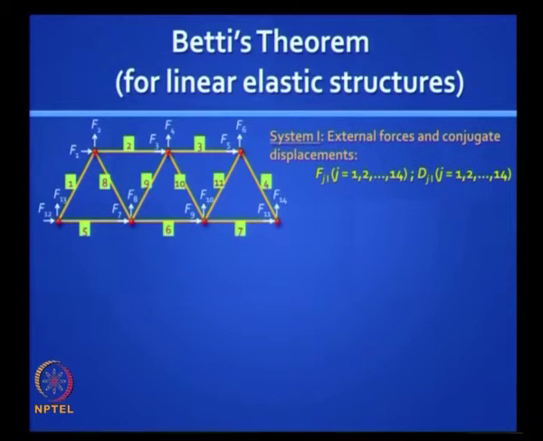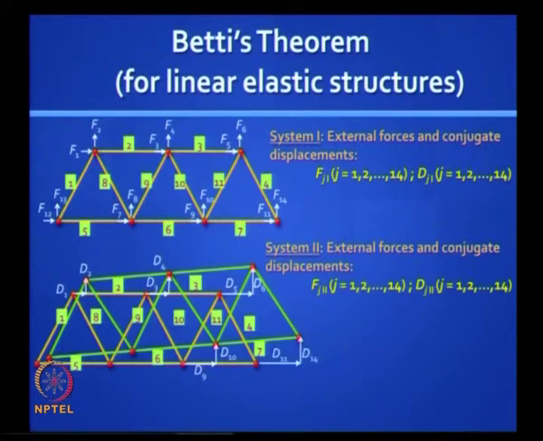Betti moved further and gave a more generalized expression of the reciprocal theorem. It is reciprocal in the sense the effects are reciprocal. Okay. And here Betti talked about the entire system. So, you look at the force field system 1 and the conjugate displacements. You look at both the force field and displacements, but you need to look only at the joint forces and displacements.